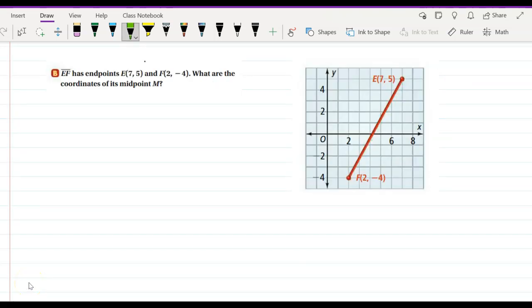Now let's take a look at another example. Segment EF has endpoints of E (7, 5) and F (2, -4). What are the coordinates of midpoint M? Okay, so the first thing that I'm going to do is draw the little line.